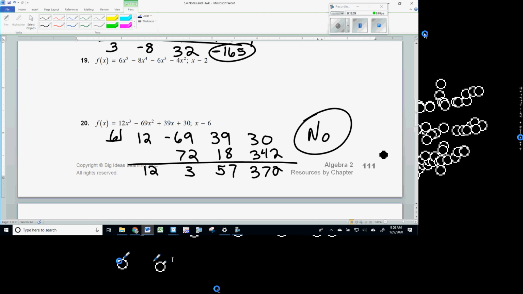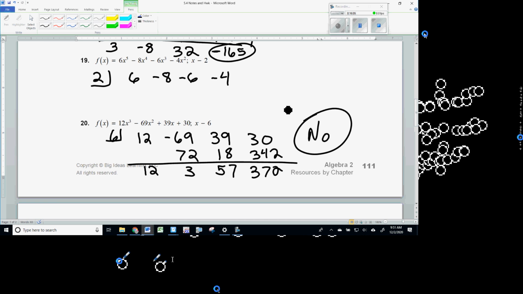So let's go back and look at the last one here, number 19. This one you got to be careful on. Easy part is we put 2 in the box. Pretty simple there, right? We write down our coefficients. Notice this is the fifth. So I have 6, negative 8, negative 6, negative 4.